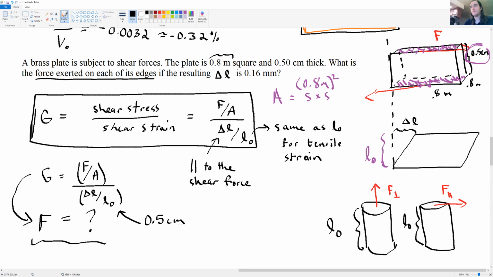You should convert that to meters. A is 0.8 meters squared, right? Delta L is the 0.16 millimeters. We want to make sure we get all these quantities in terms of meters, right, when we finally plug everything in.